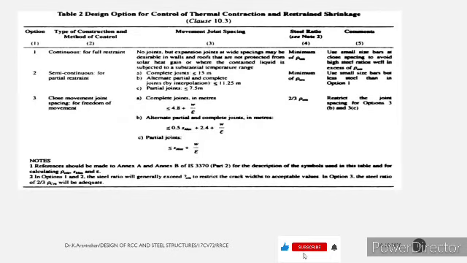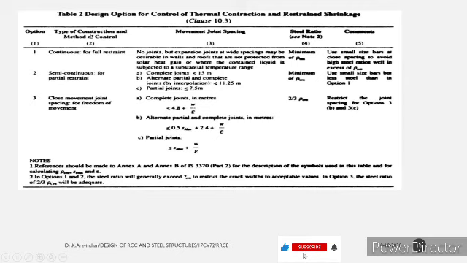And finally, there is a table in IS 3370. You can see these are the design options for control of thermal contraction and restrained shrinkage. So the code gives three kinds of support: the type of construction and the method of control.